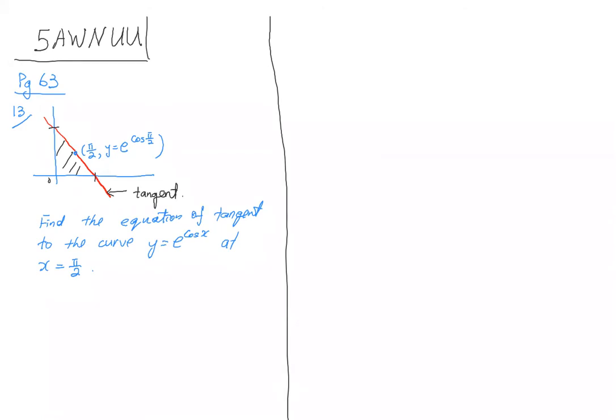You want to find the equation of tangent to the curve y equal to e to the power of cos x at x equal to pi by 2. If you don't know how to do, you may ask, then I will guide you.